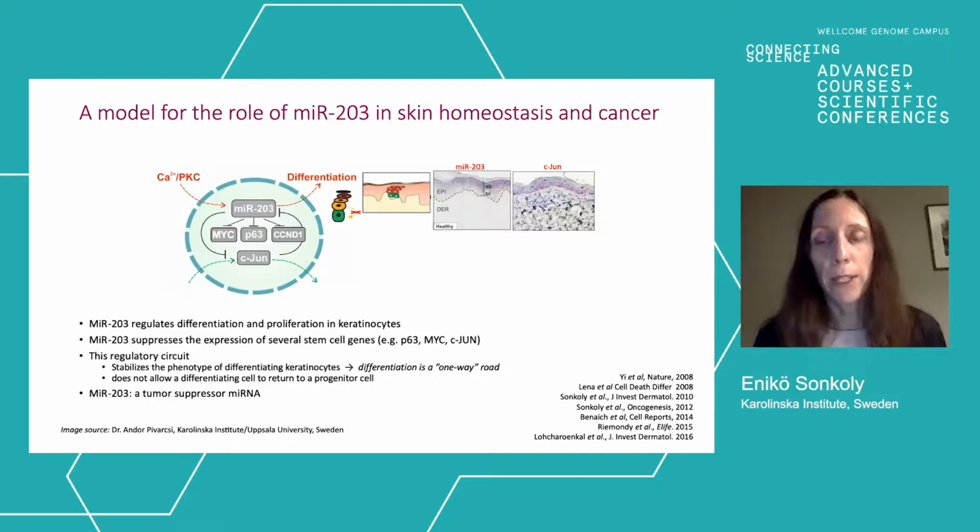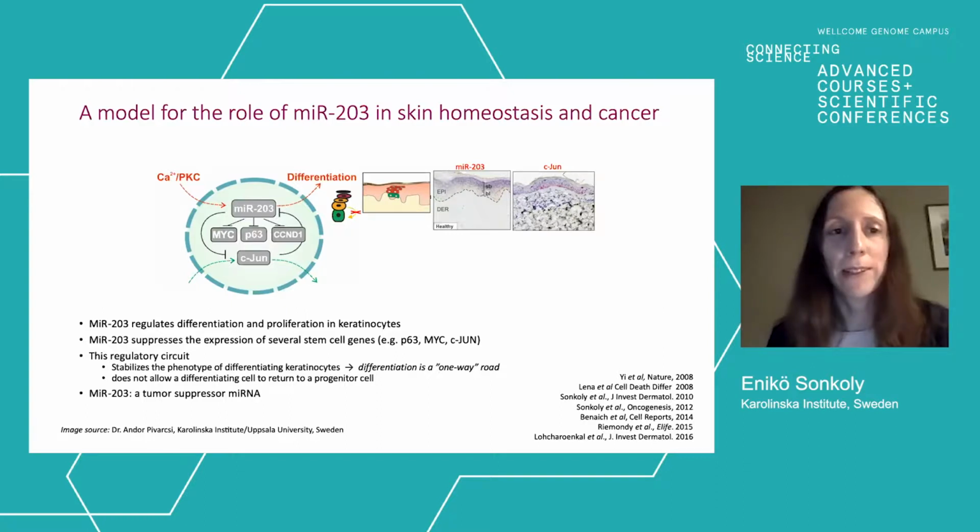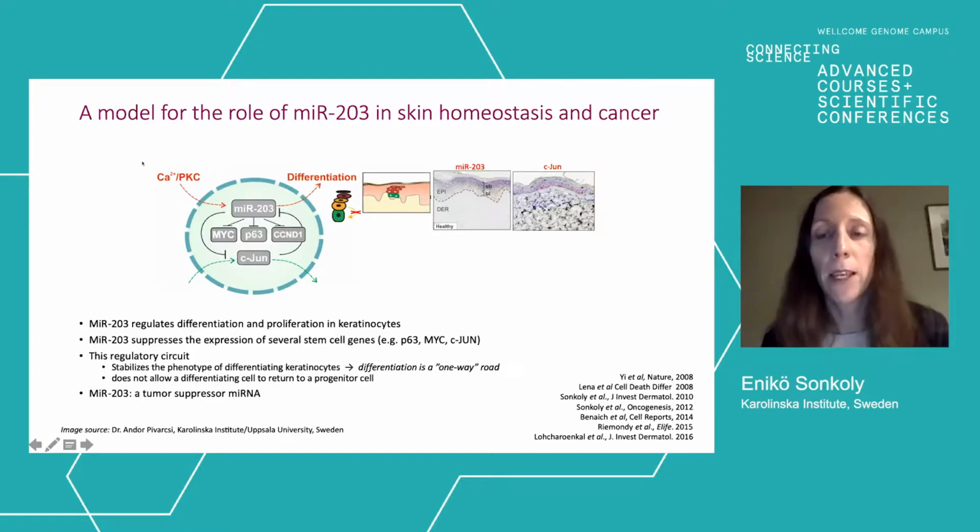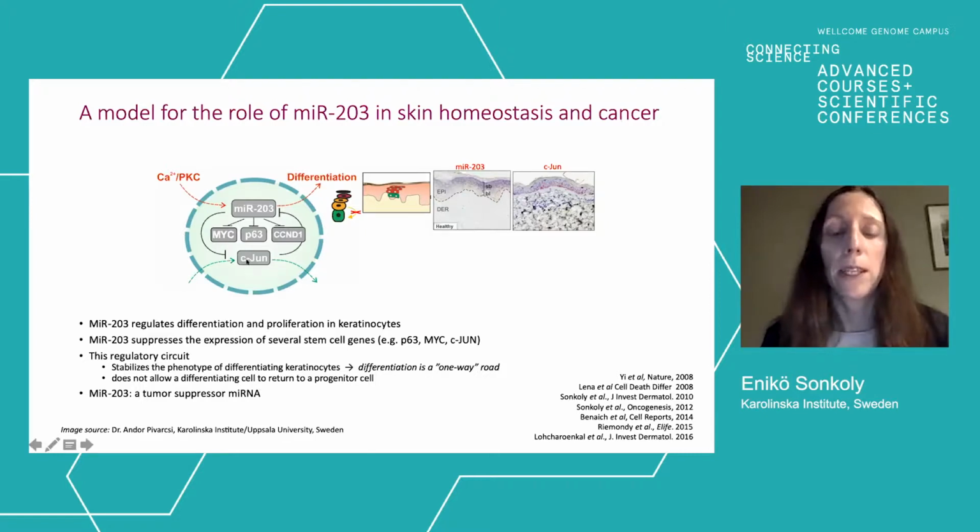And maybe you remember that I have showed you the bistable switch model, in which a microRNA regulates its targets and the target regulates the microRNA. And this is a beautiful example of such a bistable switch. So in normal conditions, calcium forms a gradient in the epidermis and induces differentiation. Calcium induces also miR-203, and miR-203 in turn suppresses the expression of, for example, c-Jun, but also of other known miR-203 targets, such as p63, MYC, and others.